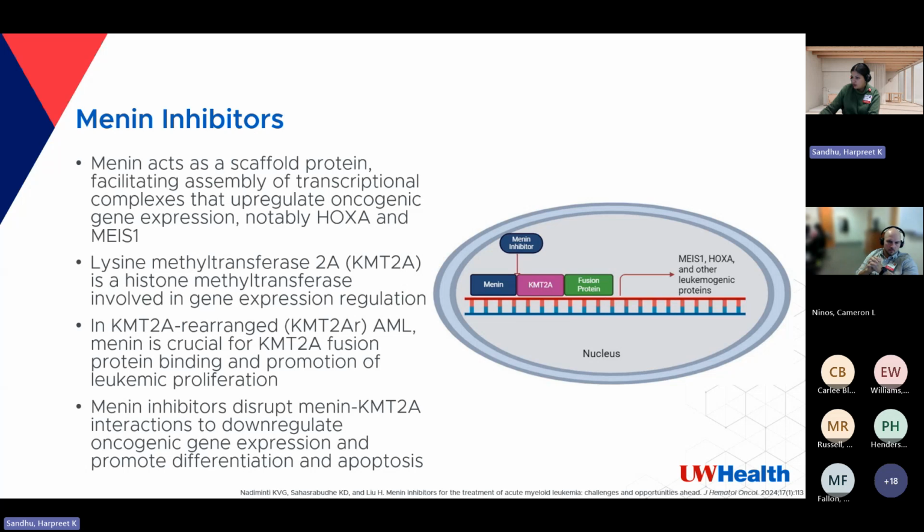In KMT2A rearranged AML, menin is crucial for this KMT2A fusion protein binding to promote leukemic proliferation. So menin inhibitors disrupt the menin and KMT2A interaction to downregulate oncogenic gene expression and therefore promote differentiation and apoptosis.